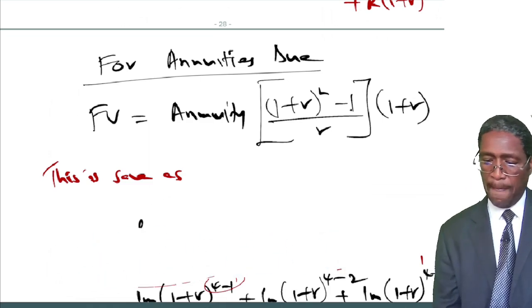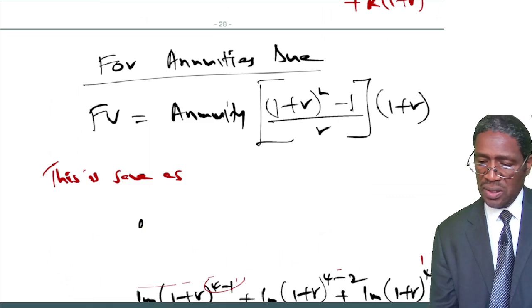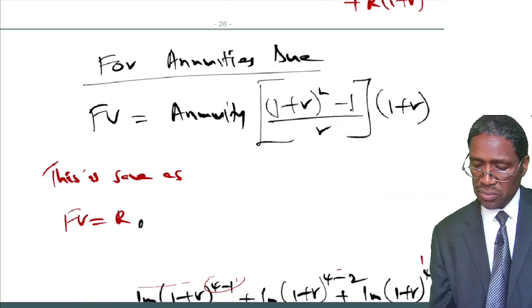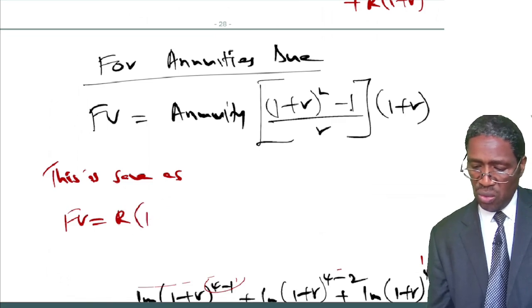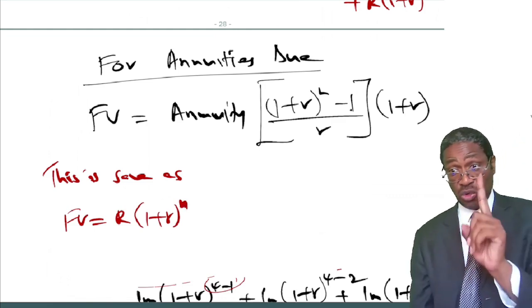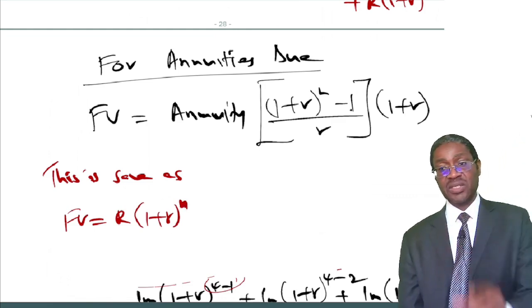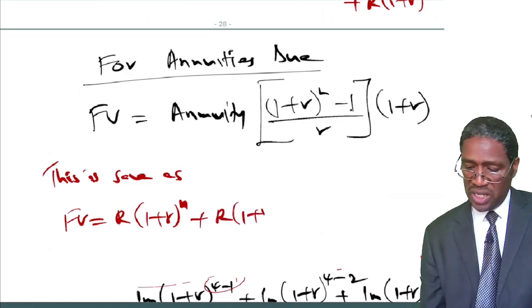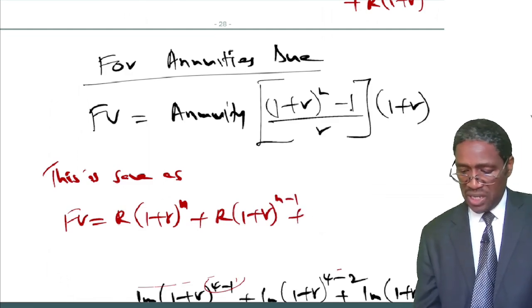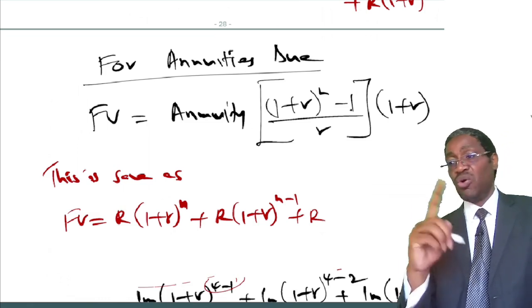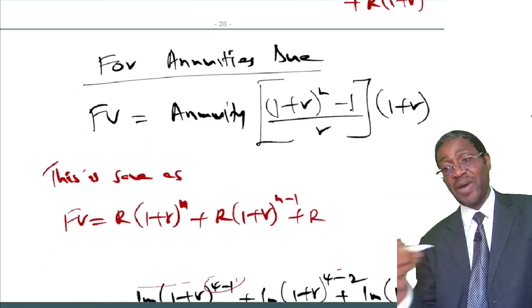It will be future value equals to R into 1 plus R, the power of N, the 4 years in total you're going to earn, okay? Plus R into 1 plus R to the power of N minus 1, plus R. Remember, now you are investing in the second year, you will only earn for 3 years. That's why you are seeking 4 minus 1.